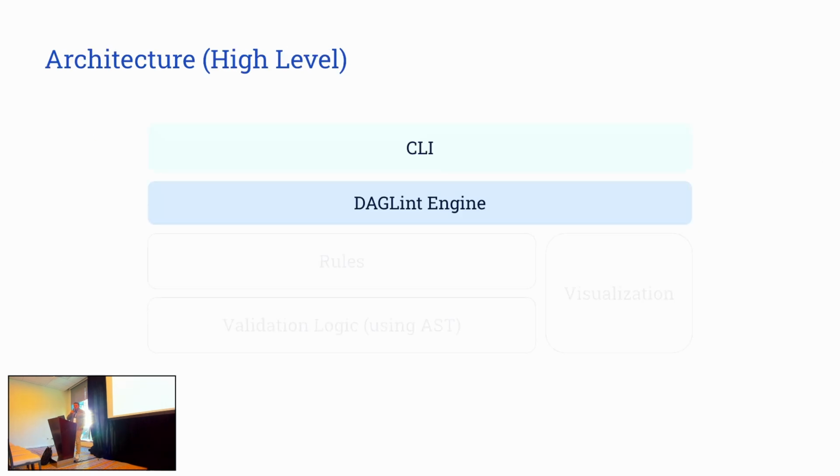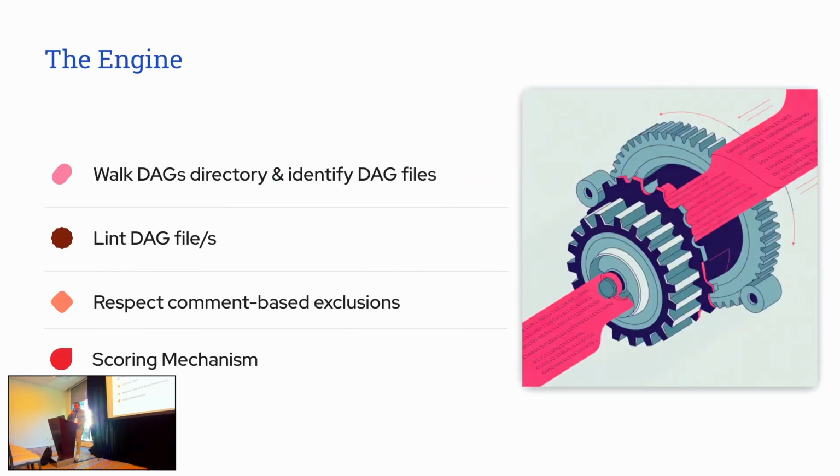So the next layer is the engine. It's the brain itself. And in a nutshell and at a high level, what DAGLint is doing is basically walking the DAGs directory. It identifies those files that are DAG files and not just any other Python scripts you might have there. It lints the DAG file or files you requested.